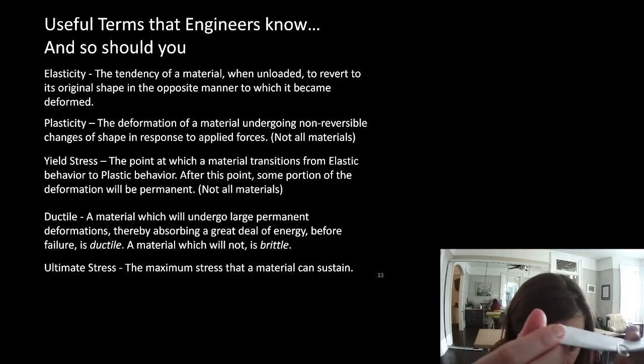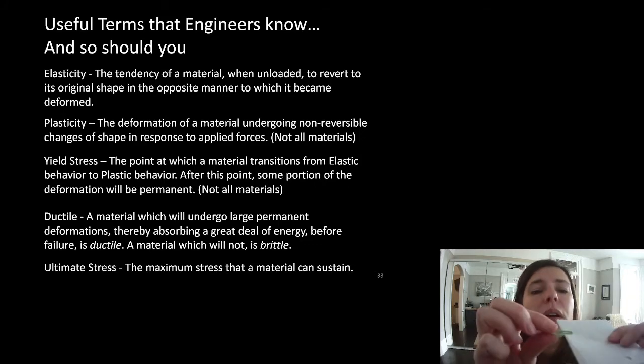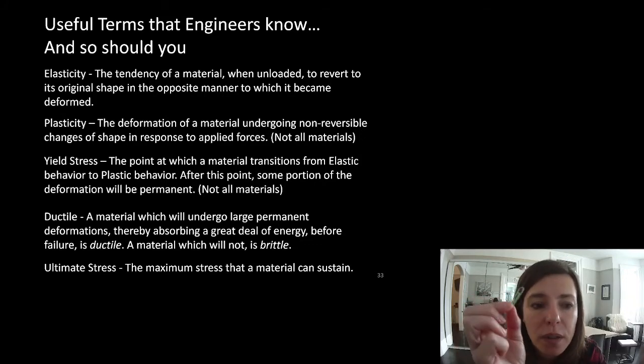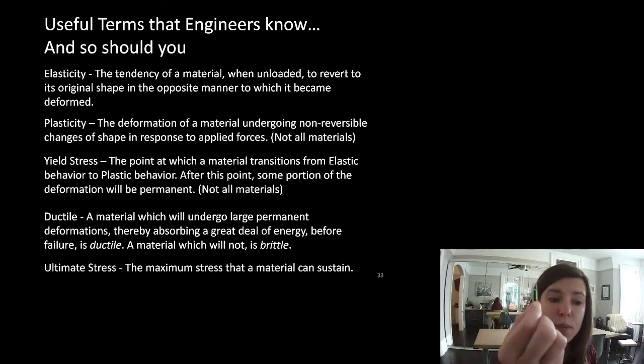There is deformation there about the thickness of that paper. I pull the paper out. My paper clip goes back to its original shape. That was elastic behavior. You guys tend to think about it with an elastic band because you intuitively understand that it goes back to its original shape, and that's elastic.